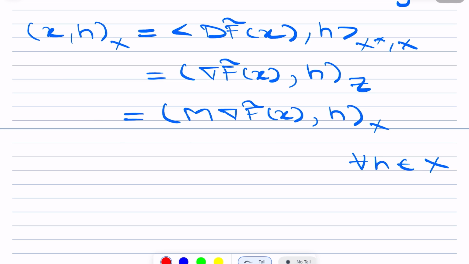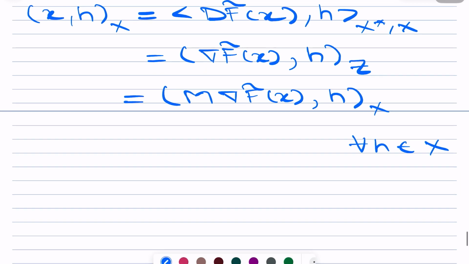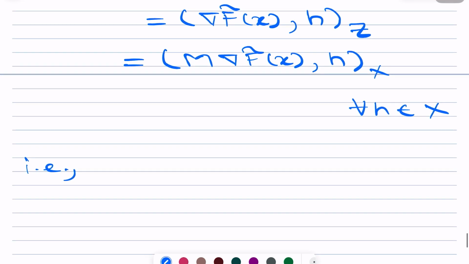So from this equality here, we see that the gradient of f at x should be equal to the inverse of this function applied to x, right? The inverse of M applied to x.